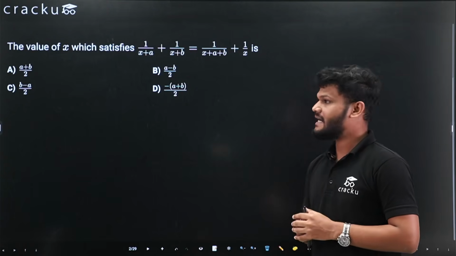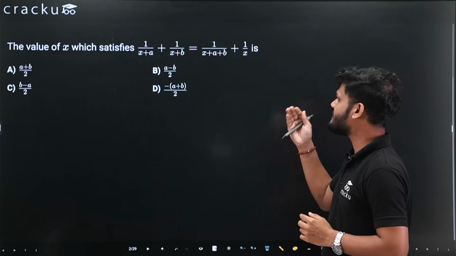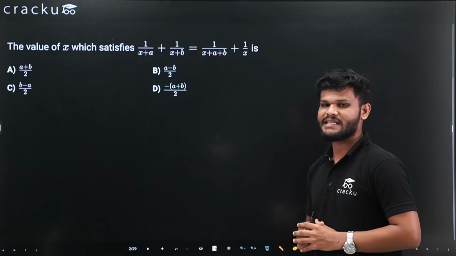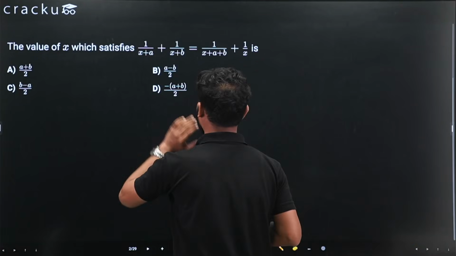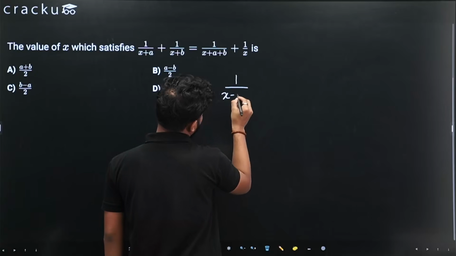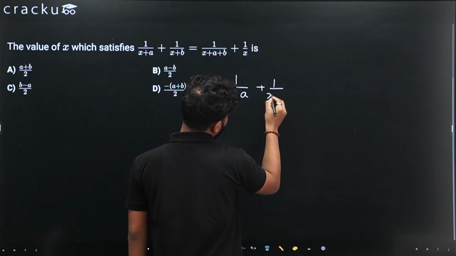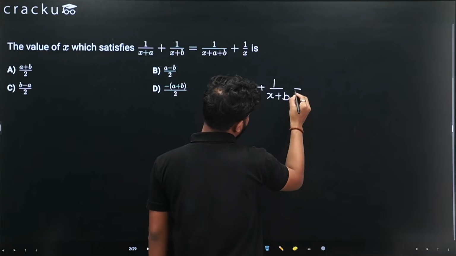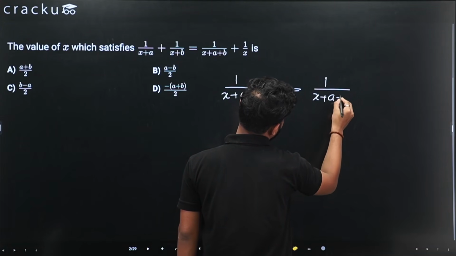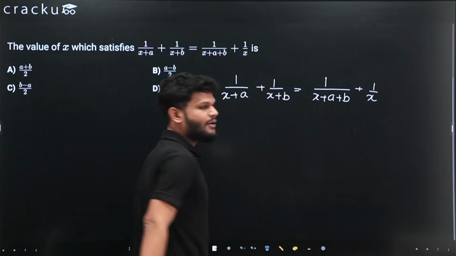So in this question we are asked the value of x which satisfies 1 upon x plus a plus 1 upon x plus b is equal to 1 upon x plus a plus b plus 1 by x. So we need to find the value of x from here. What will I do in this?